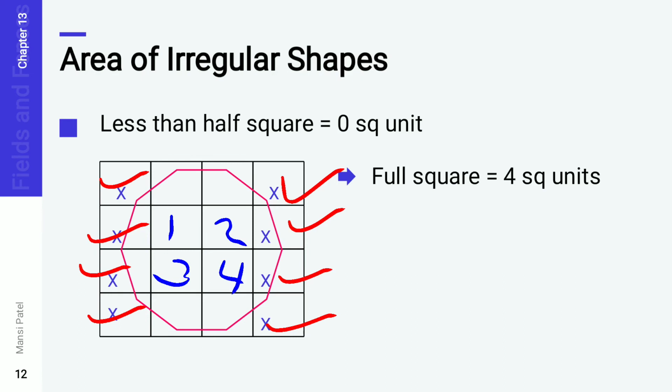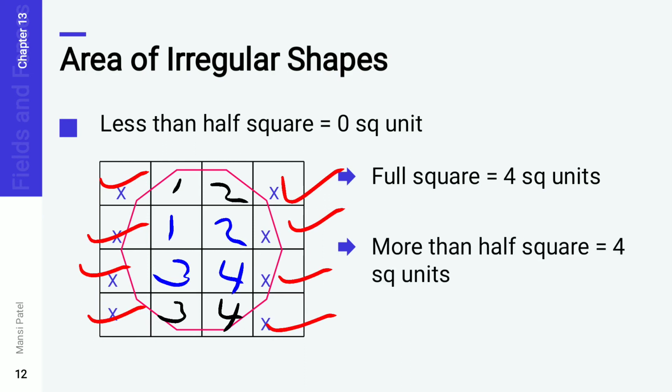Now, after that, more than half: 1, 2, 3, 4. So that is also 4 squares.